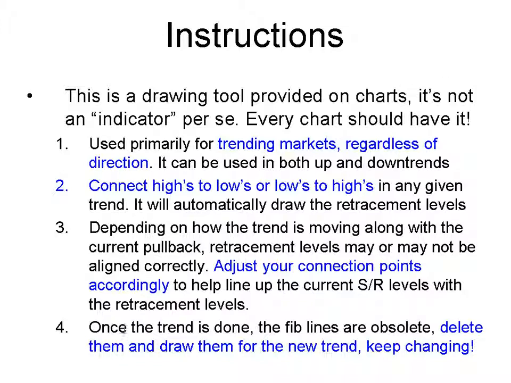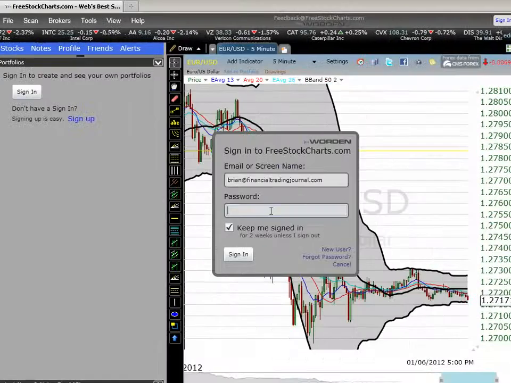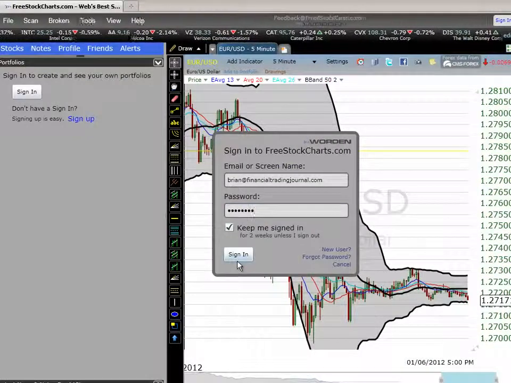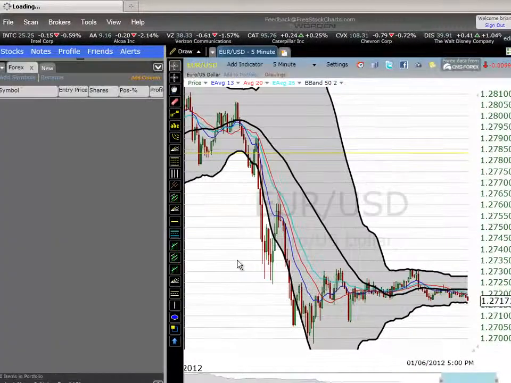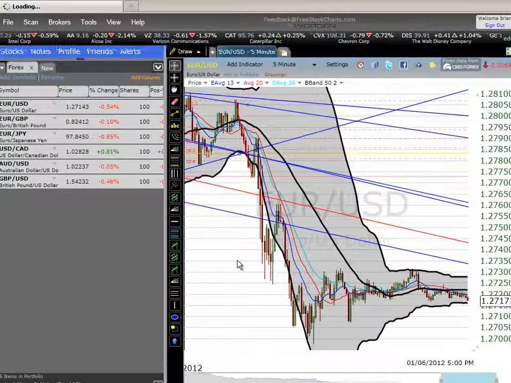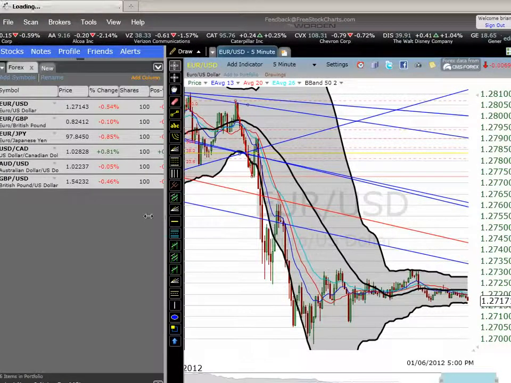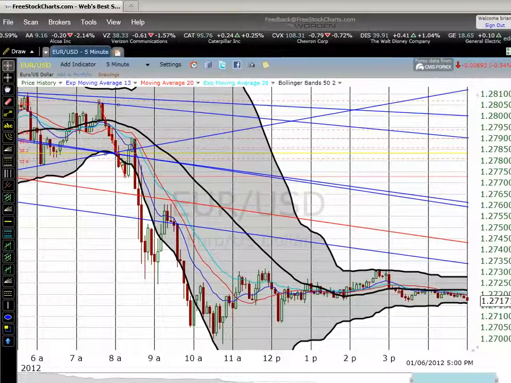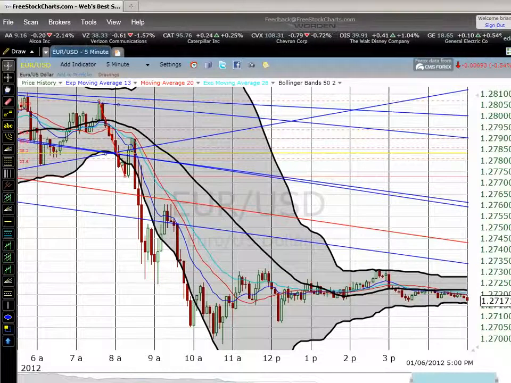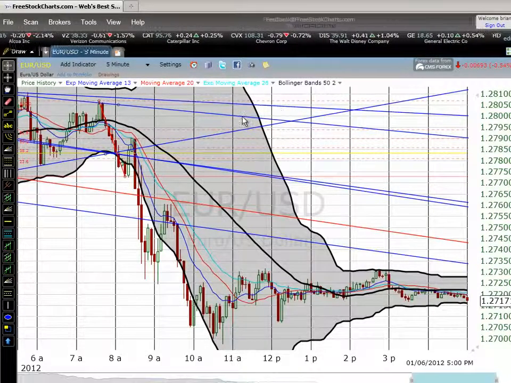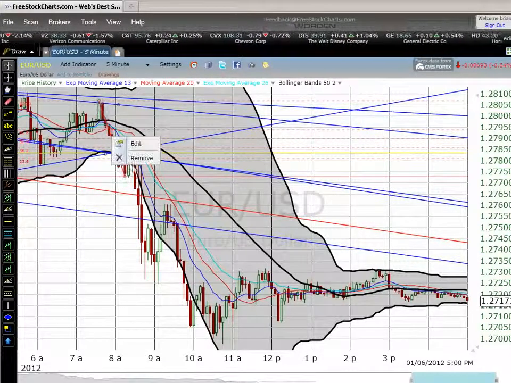So I am going to go to free stock charts again to show you guys how to draw this. I'll be using the Euro USD again, and these are the trend lines from before.